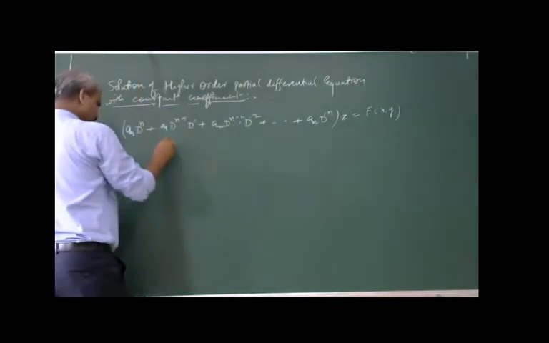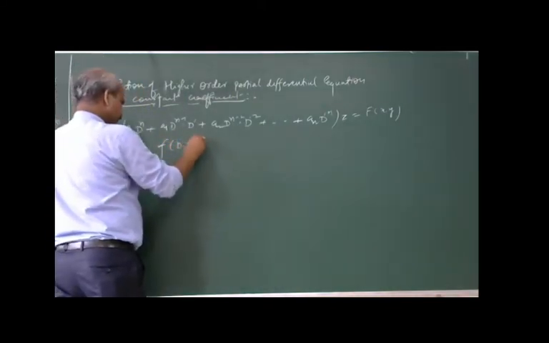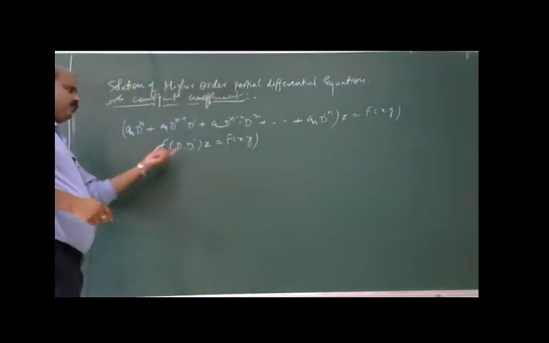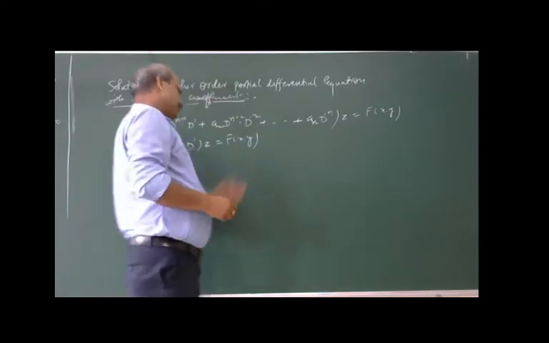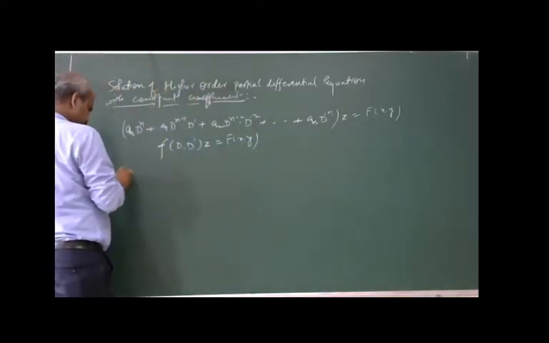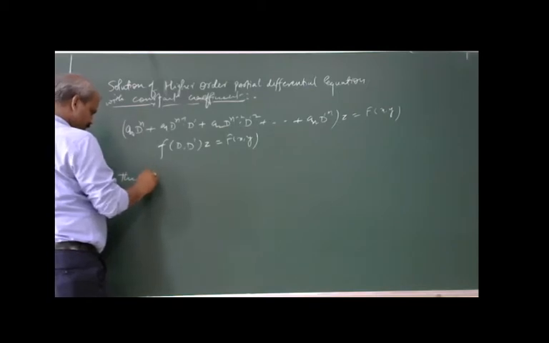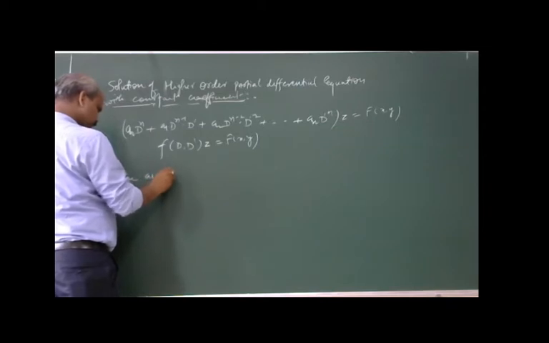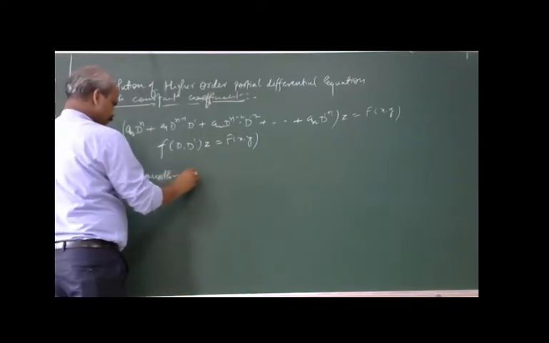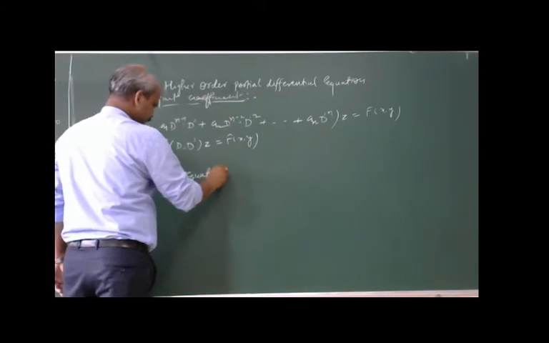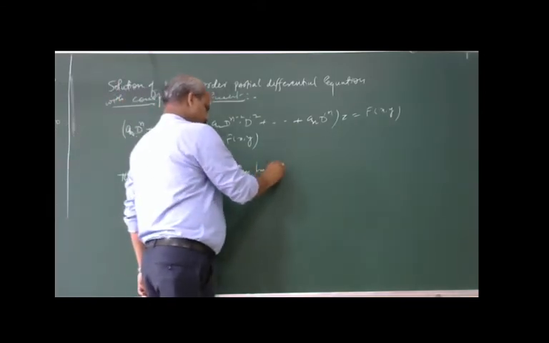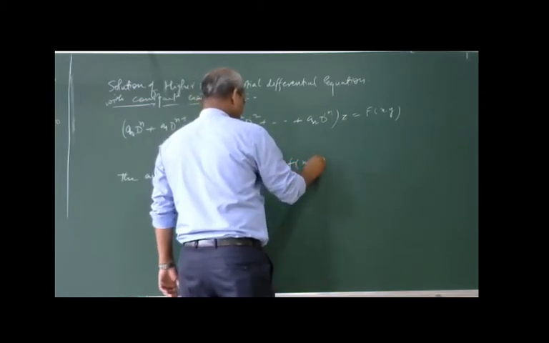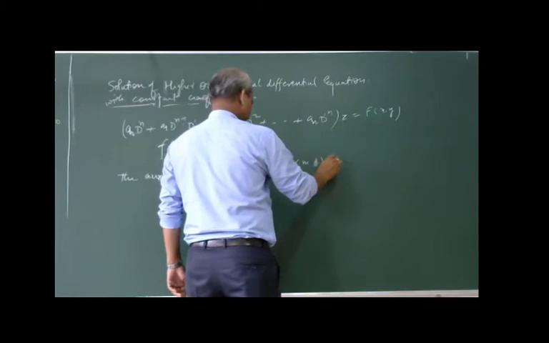This equation can be of this type, and in the last video, you have seen that the auxiliary equation can be of this type: f of m comma 1 is equal to 0.